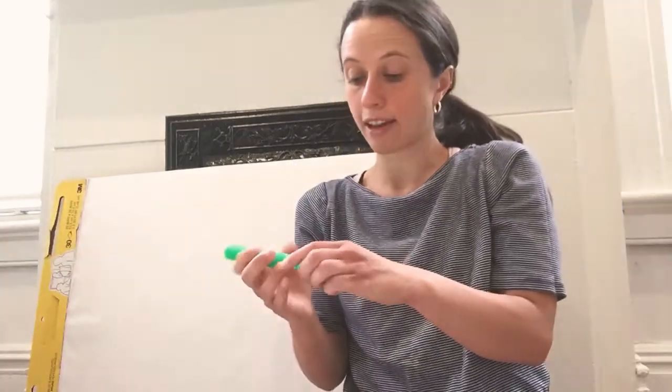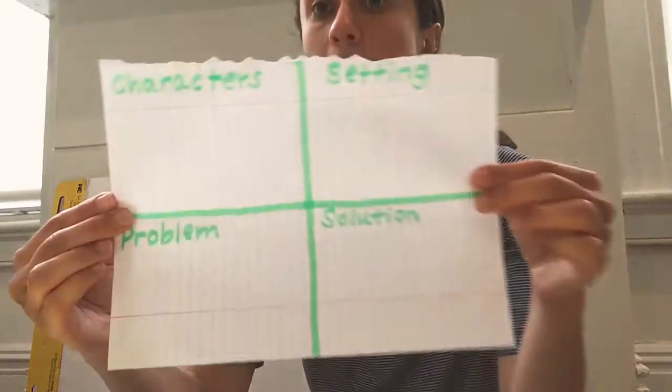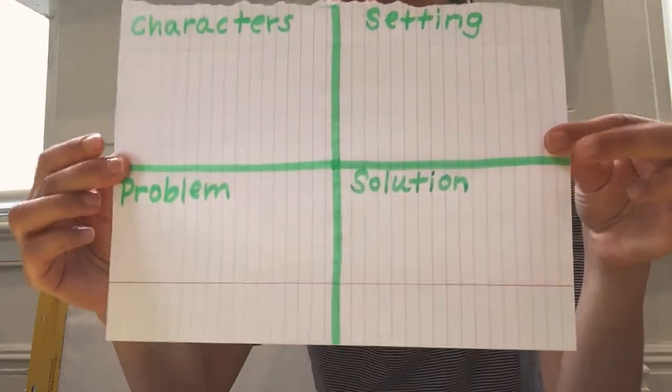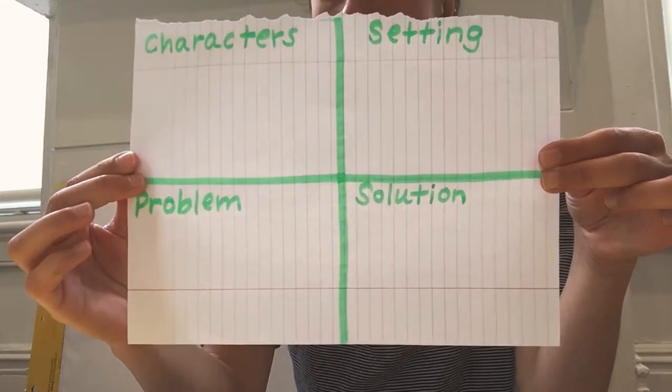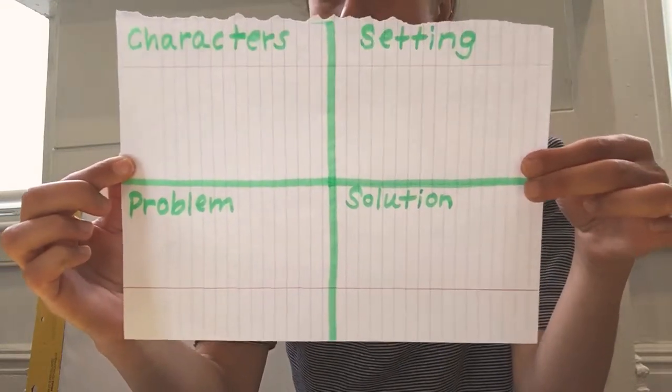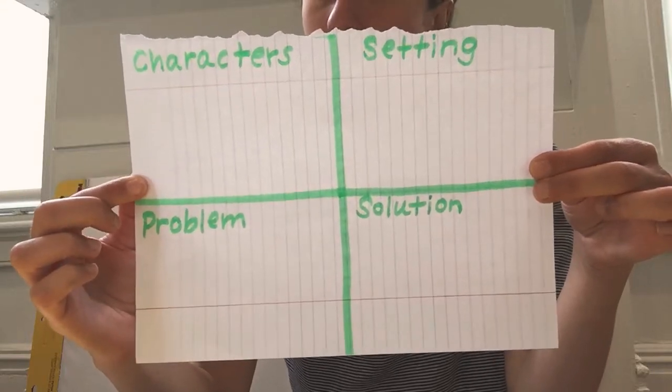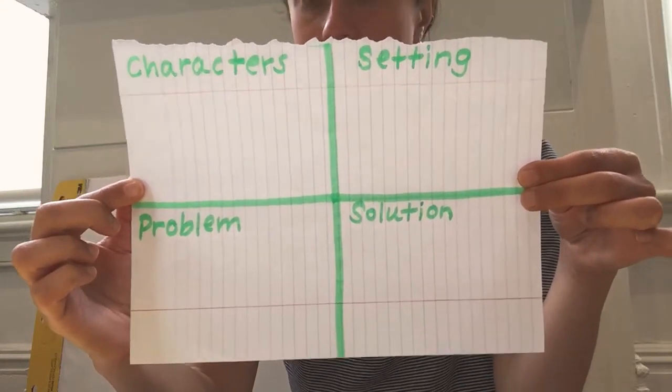All right, so now go ahead. I'm going to put this on the screen, pause your video, and copy down my piece of paper. You want the characters, the setting, the problem, and the solution. When you're ready for me to move on, you can press play.